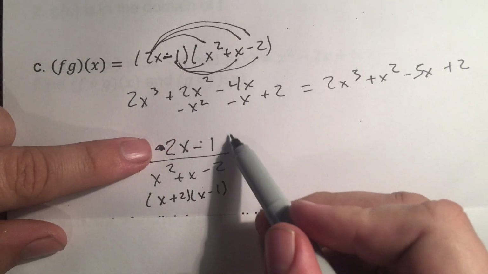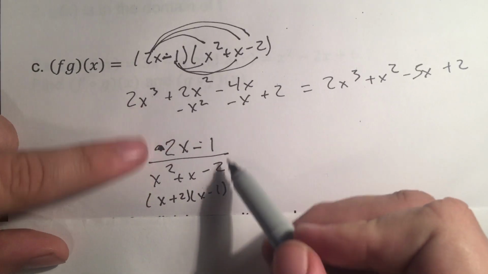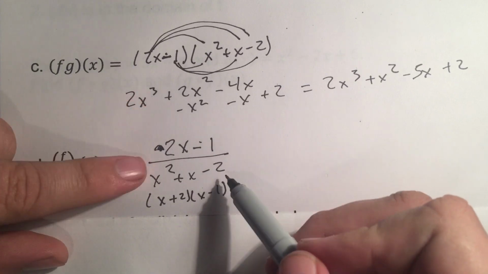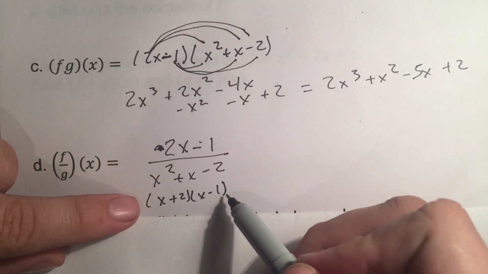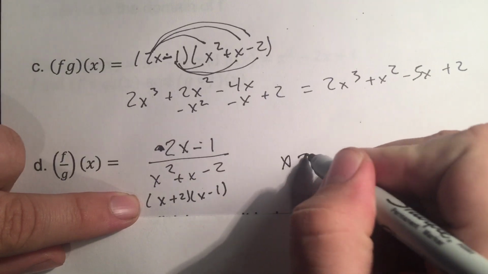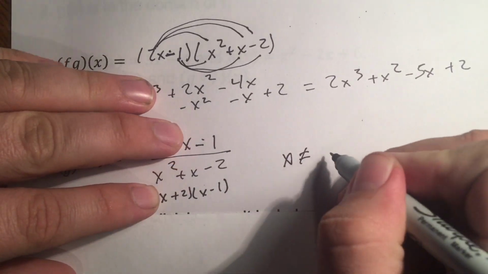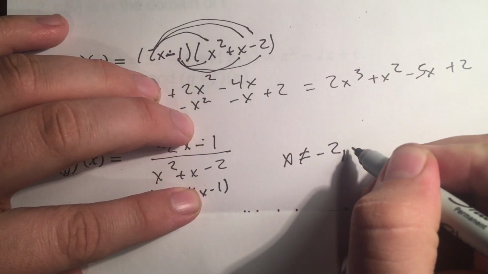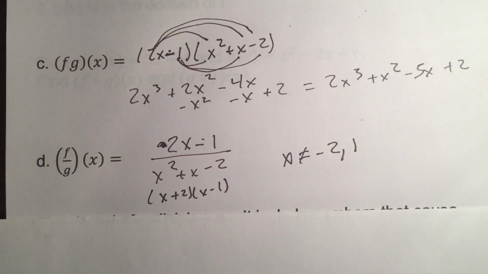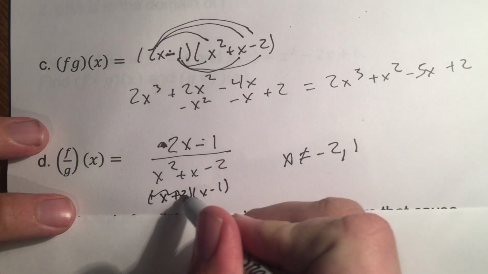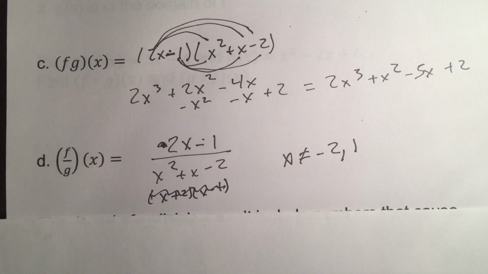So that will not factor with the top, so it's not going to reduce anything. That's the only thing we can look for is can we reduce it. But what we need this for is then we're going to say x cannot equal, well, if we solved here, we'd get a negative 2, and solve that one, we'd get a 1.